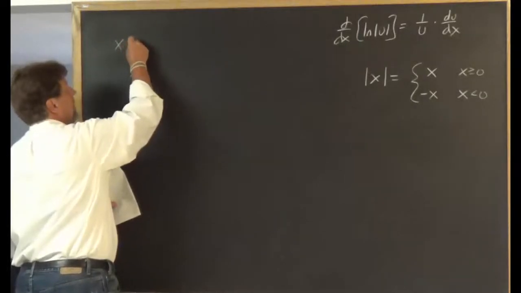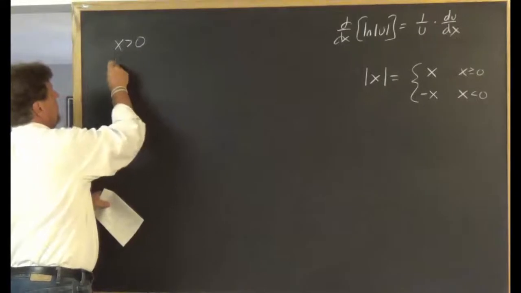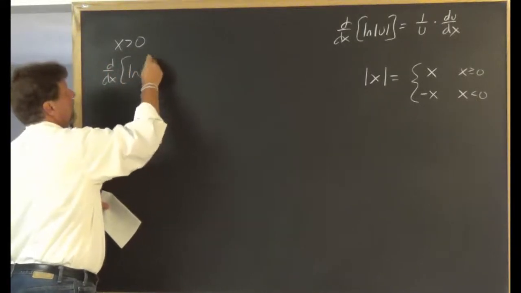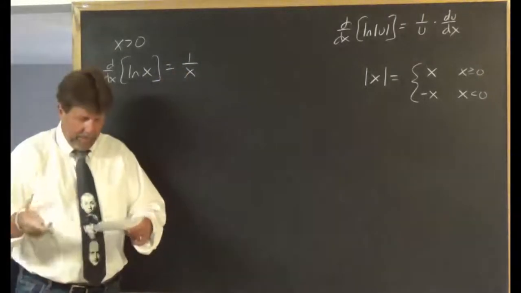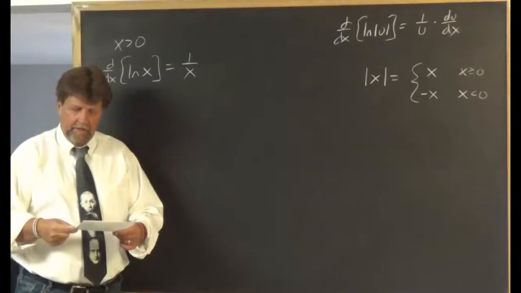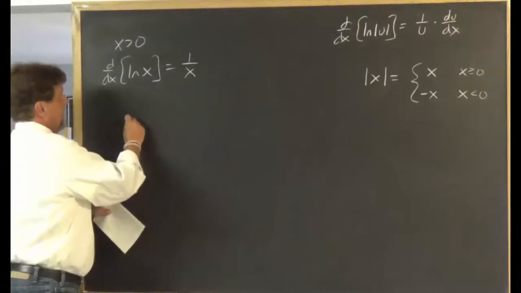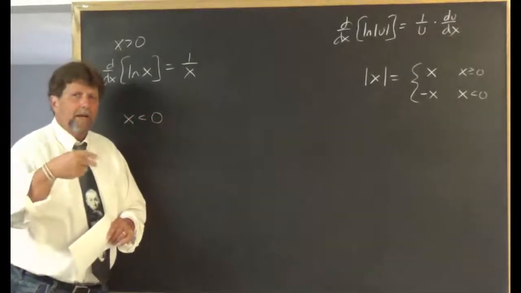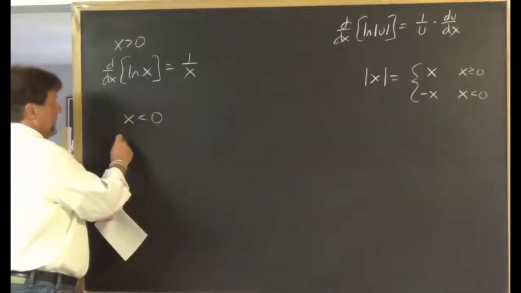So case 1. If x is a positive number, then the derivative with respect to x of natural log x is just 1 over x. That's our new rule. That was part 1 of the theorem. Now, if x is less than 0, well, we know negative numbers are not in the domain of natural log x.